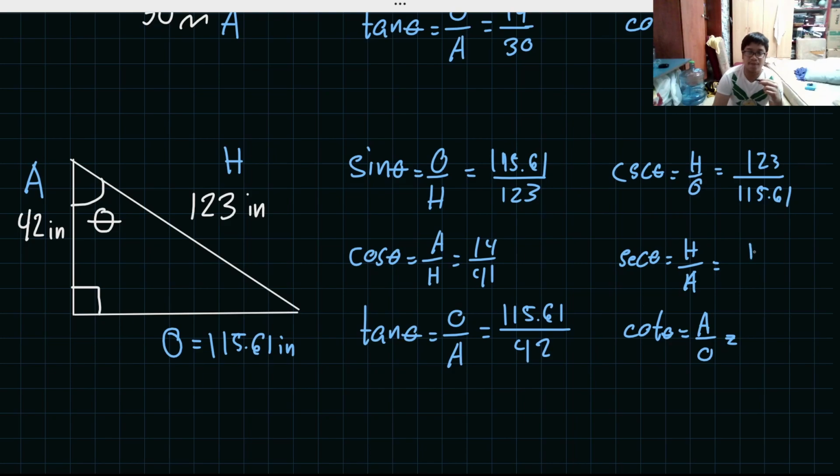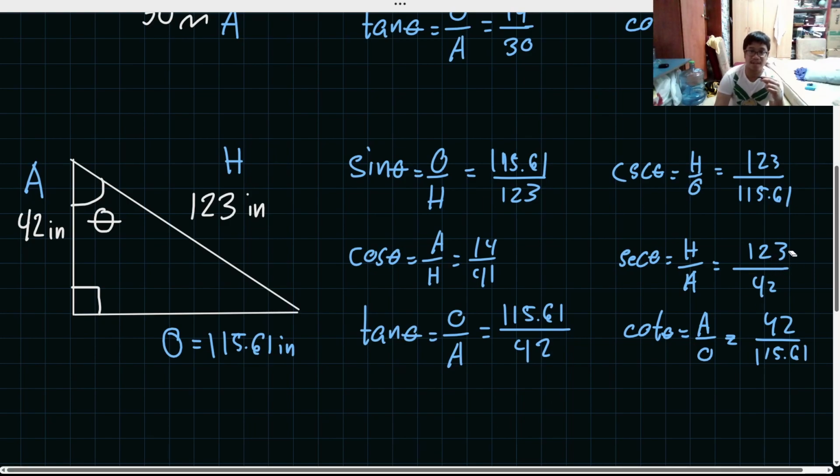For secant theta, 123 all over your adjacent, which is 42. And lastly, for cotangent theta, we will have 42 all over 115.61. And those are our answers. Oh yeah, by the way, for secant theta, we can simplify this as 41 all over 14.